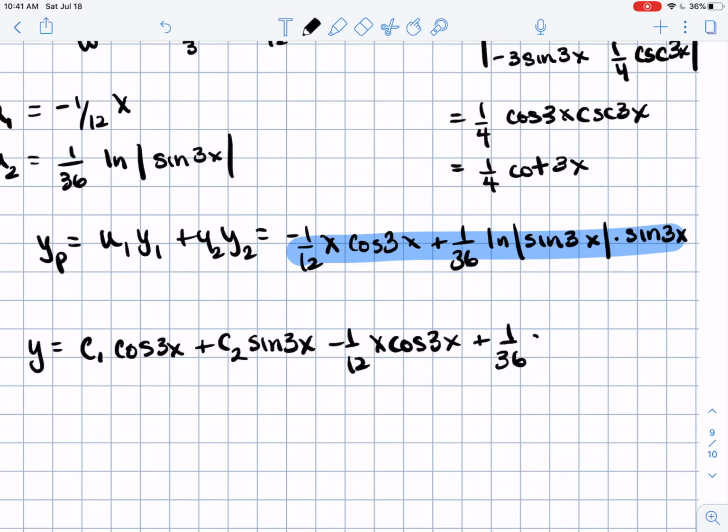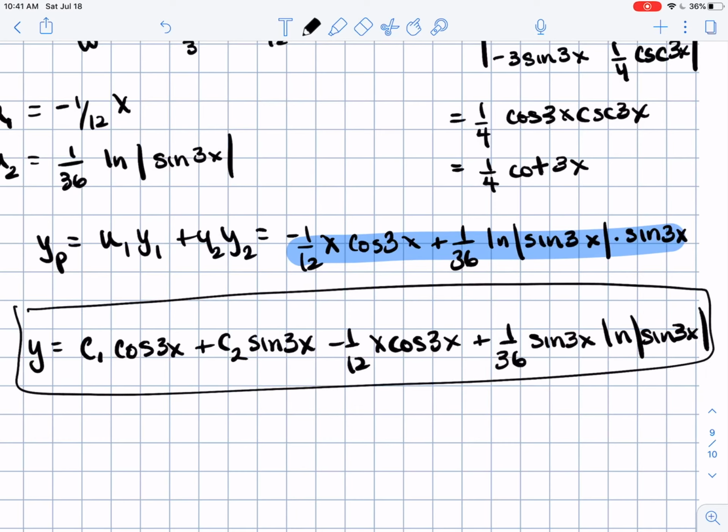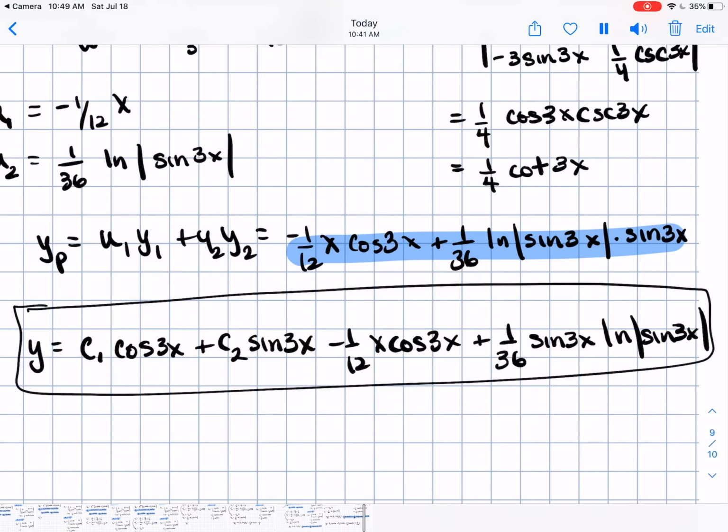I'm just going to put the sine 3x first, and then ln sine 3x, just like that. And that would be your final solution to this differential equation. Okay, and so that should help you with 4 through 6.